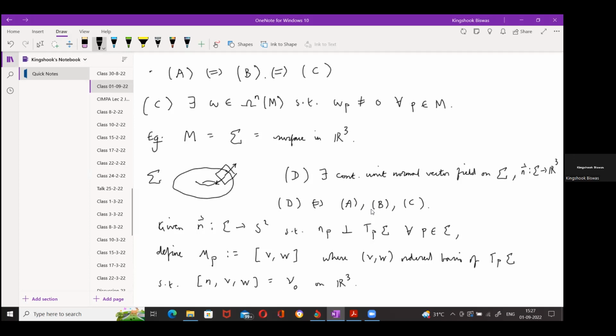Does this make sense? Yes, N p, v, w is the standard orientation on R3. You can check that this is a well-defined orientation on T p sigma, and this will define an orientation on sigma.